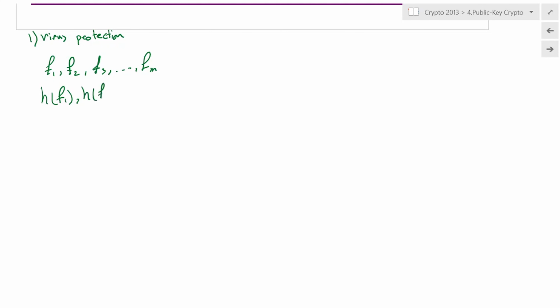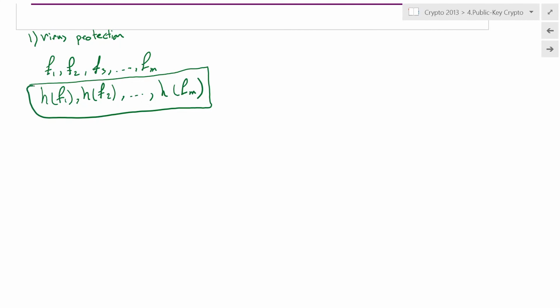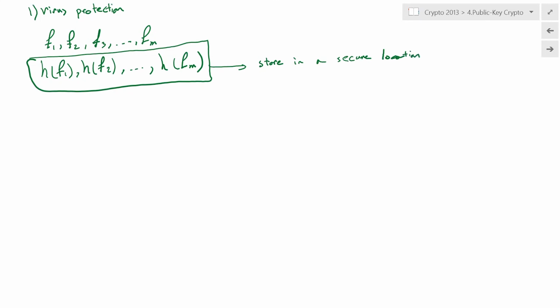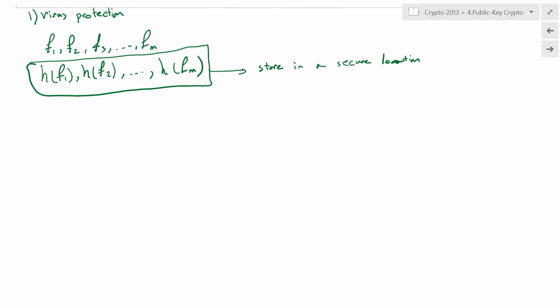So it computes all the corresponding hashes of F1, F2, and so on, and then we store them in a secure location.